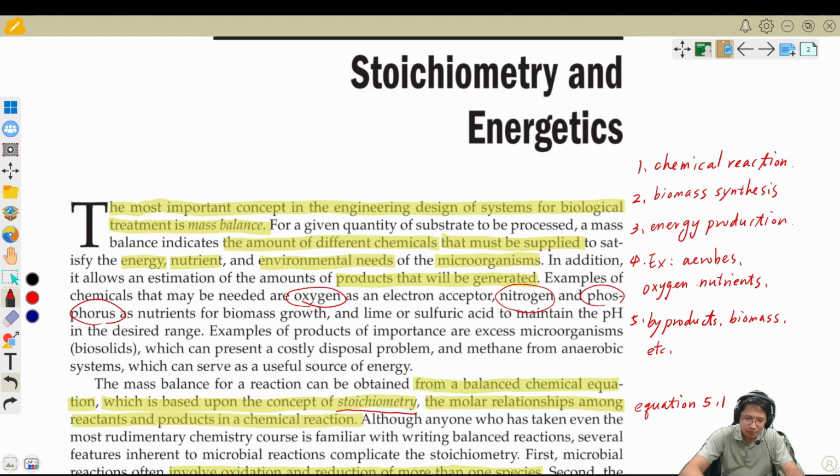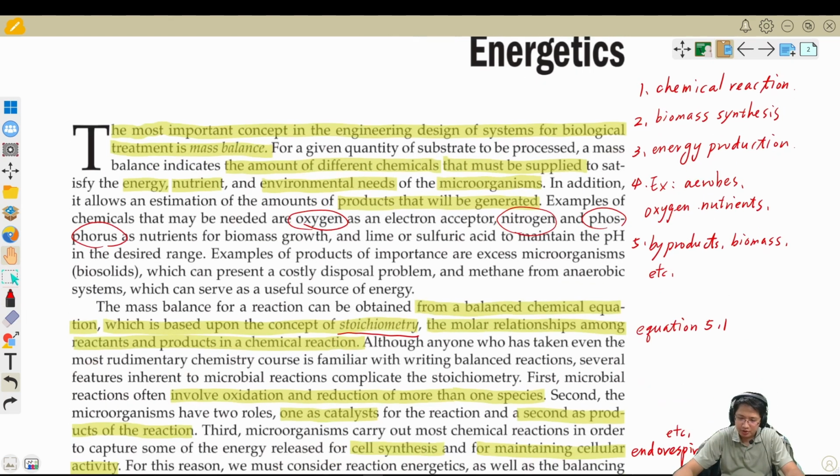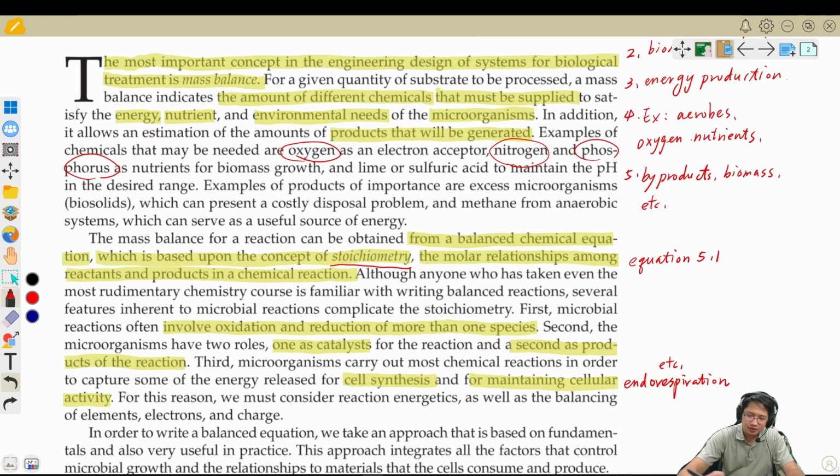To balance the chemical equations, we use the concept of stoichiometry, which balances the molar ratio among the reactants and the products.